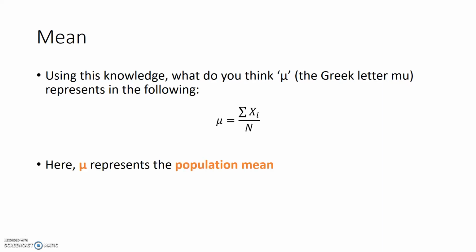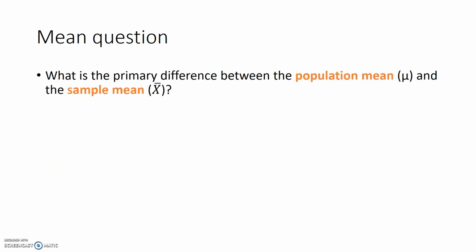So hopefully you came to the conclusion that mu represents the population mean. We use the Greek letter mu to represent the mean value of some population. And you could have guessed that by seeing that I used uppercase N rather than lowercase.